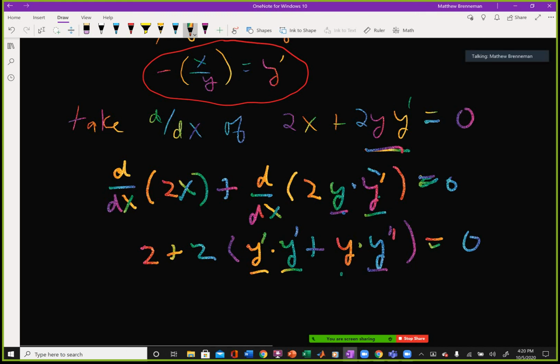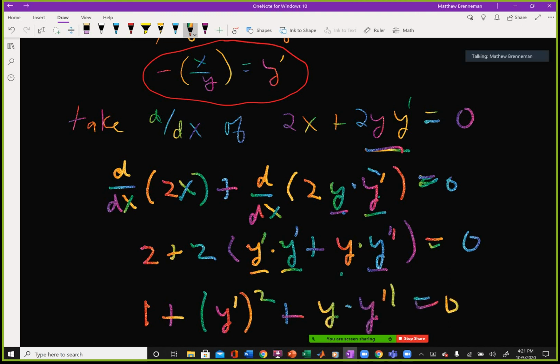And so if we go ahead and divide out by 2, right, I'm going to have 1 plus y prime squared plus y times y double prime is equal to 0. And notice what I want.